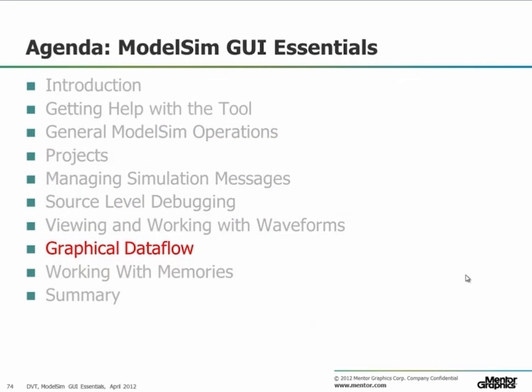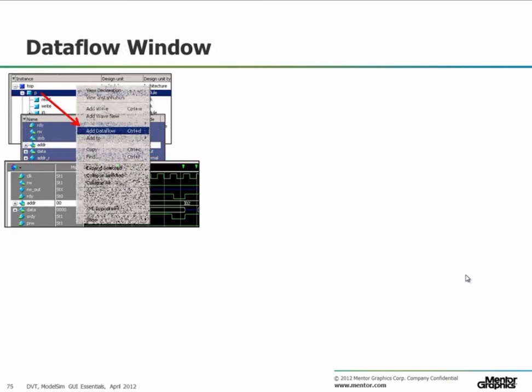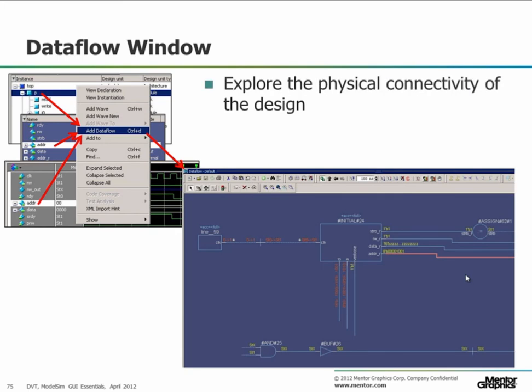So the next section is the graphical data flow. In this section, we'll talk about how to trace events that I see in the wave window and try to get them back to source code. So this is showing that I can add signals from the sim view, from the objects view, or from the wave window to the data flow window.